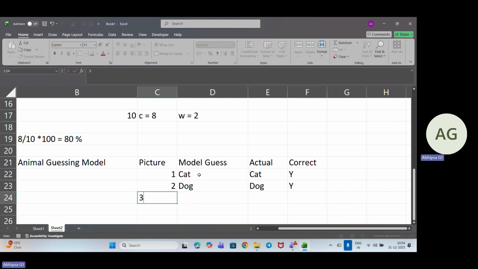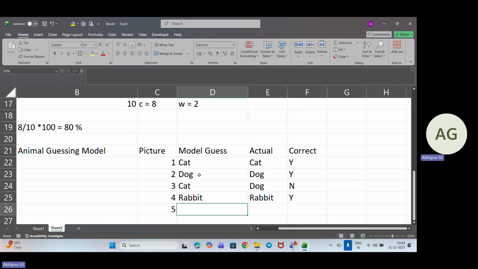Now coming down to 3: the actual was dog, but my model predicted it as cat, and it was wrong. Coming down to 4, it is a rabbit, my model also predicted a rabbit, and it would be correct.